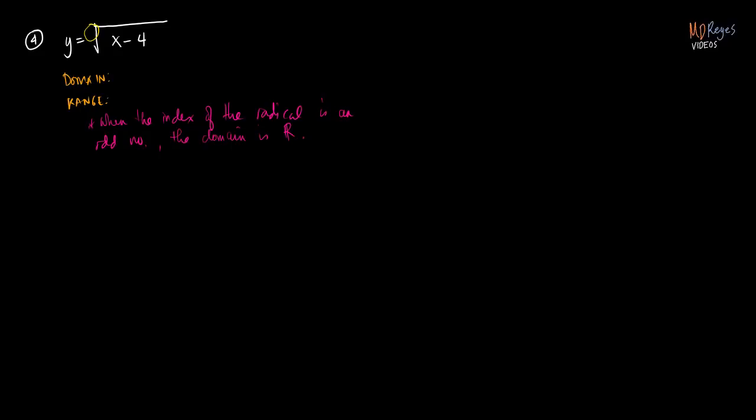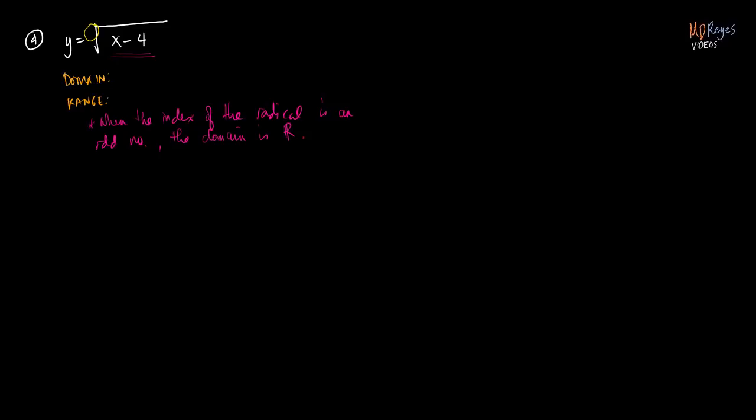Now, if the index is an even number, then you will always have to solve for the domain using inequalities. Why is that so? When the index of the radical is an odd number, the radicand can be any number: negative, positive, or 0.